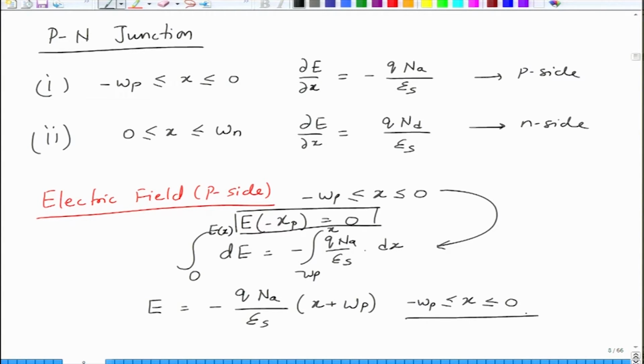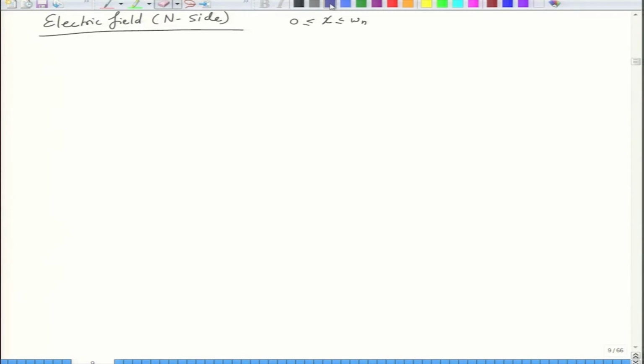Now, the same thing if you want to calculate for the electric field on the n side. When we look at the electric field on the n side, between x from 0 to Wn, the first condition is that E at Wn is equal to 0, because it is 0 at the boundary of the depletion region and the quasi-neutral region. So E(x) is now calculated by integrating the electric field from E(x), because electric field is continuous in the depletion region, and then it becomes 0.